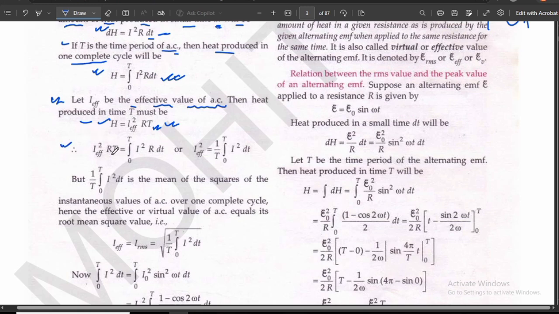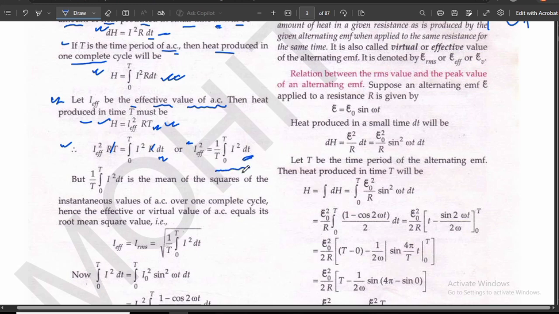So I effective square R T equals integration 0 to T I square R dt. Since R is constant, we can cancel out R. So I effective square can be written as 1 by T, integration 0 to T I square dt.